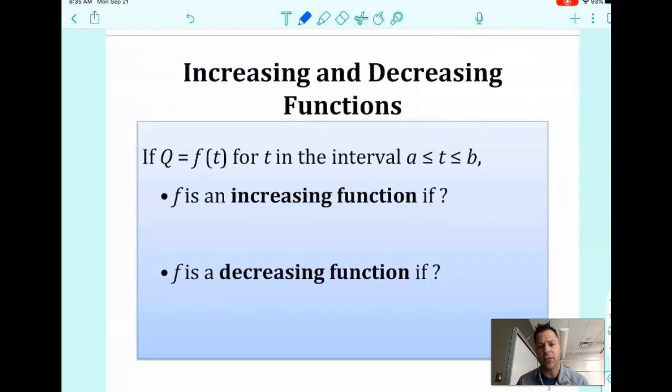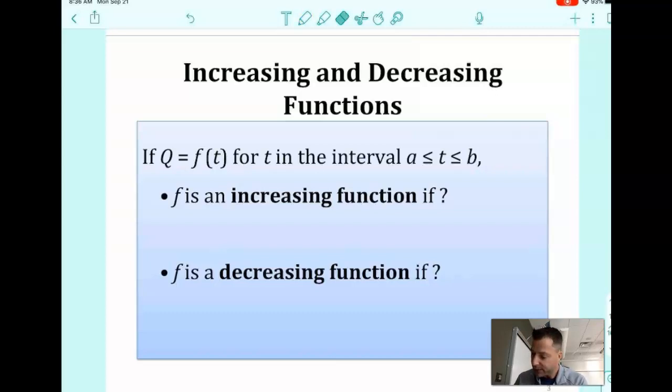So increasing and decreasing functions, this is also related to slope and rate of change. But when is a function increasing? Well, when f is increasing over that interval, the values increase as t increases.